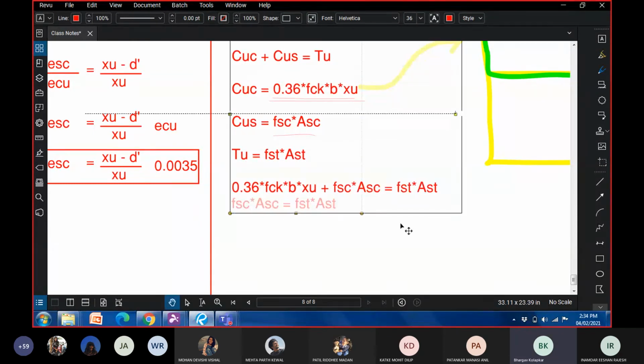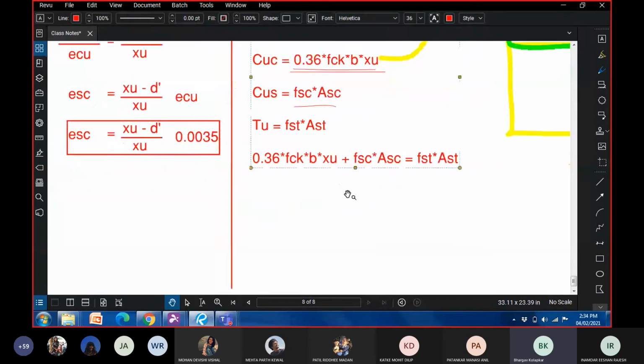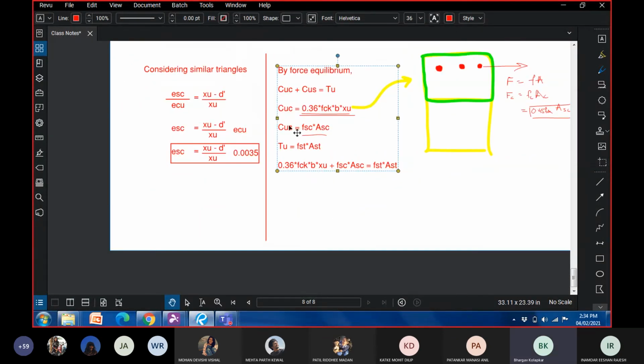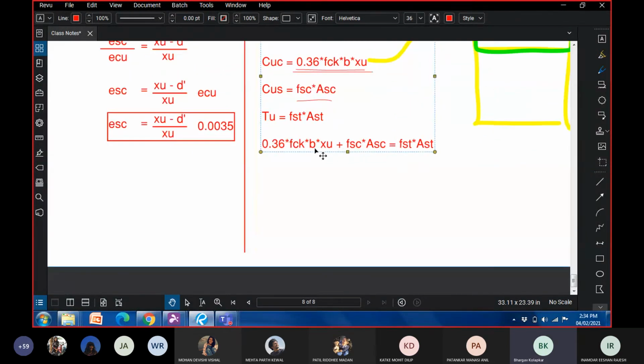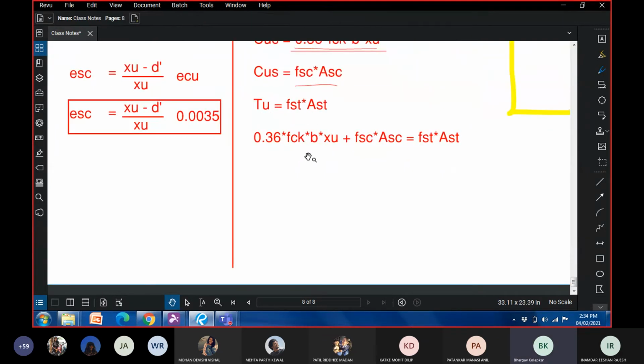Just plugged in the values for CUC, CUS, and TU. Okay, so from this we can obtain the value of XU by just rearranging these terms.